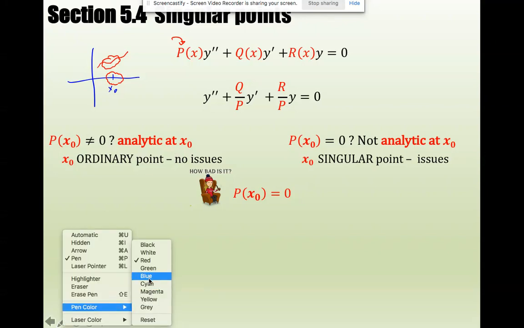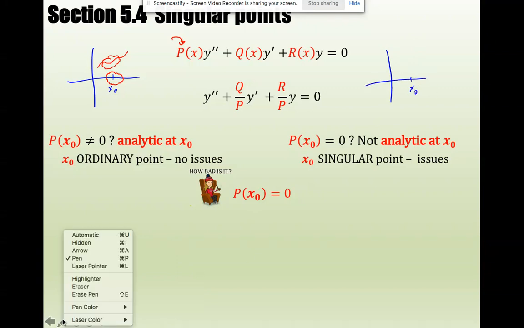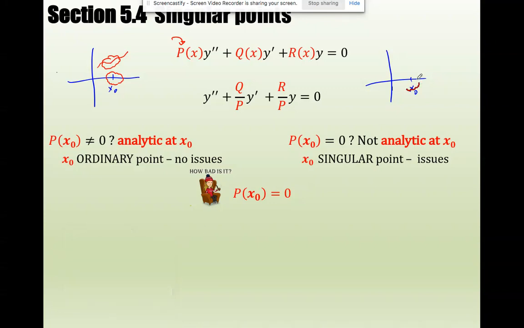So what happens if p of x at x sub 0 doesn't exist? I have an issue. What does that mean? Well, it could mean something heinous, like the behavior looks like this around there. Ugh. Or it means this.